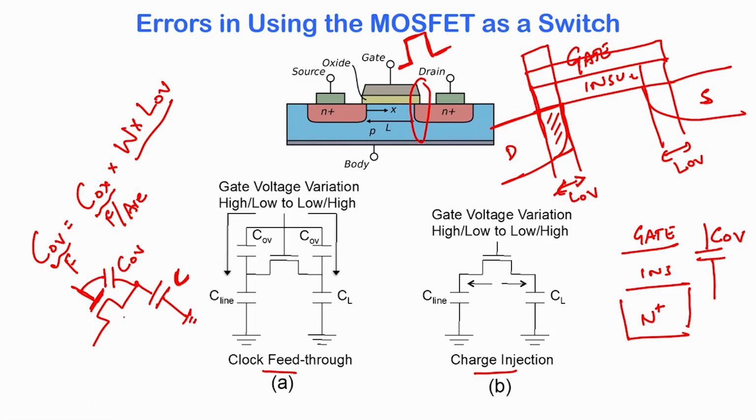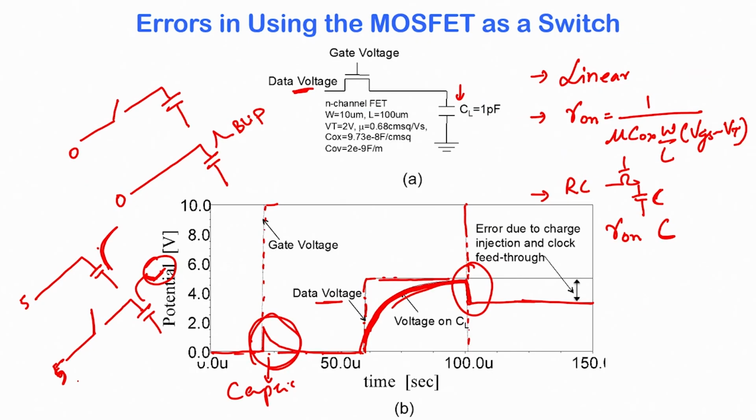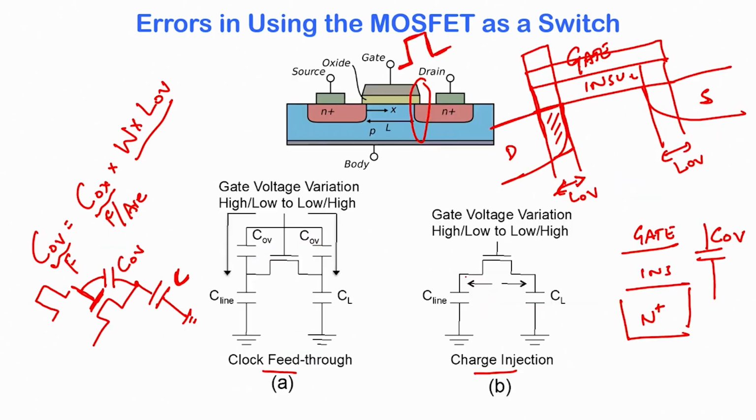And now from this circuit you see that when you have a gate voltage that is fluctuating, when the gate voltage went up we saw this blip, and when the gate voltage came down we saw another blip. So, when the gate voltage goes up and down, you have a transient or time varying voltage across these series capacitors, which is C overlap and your load capacitance.